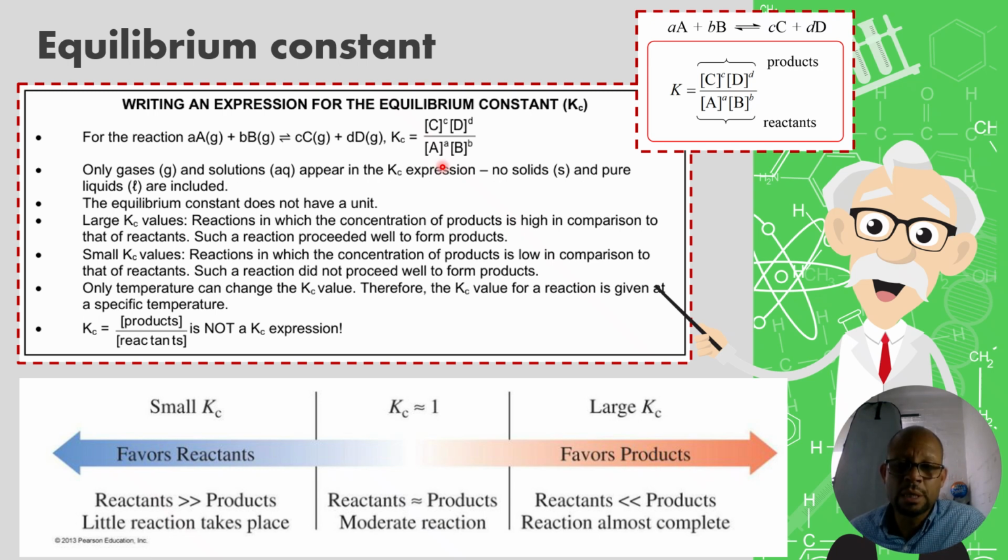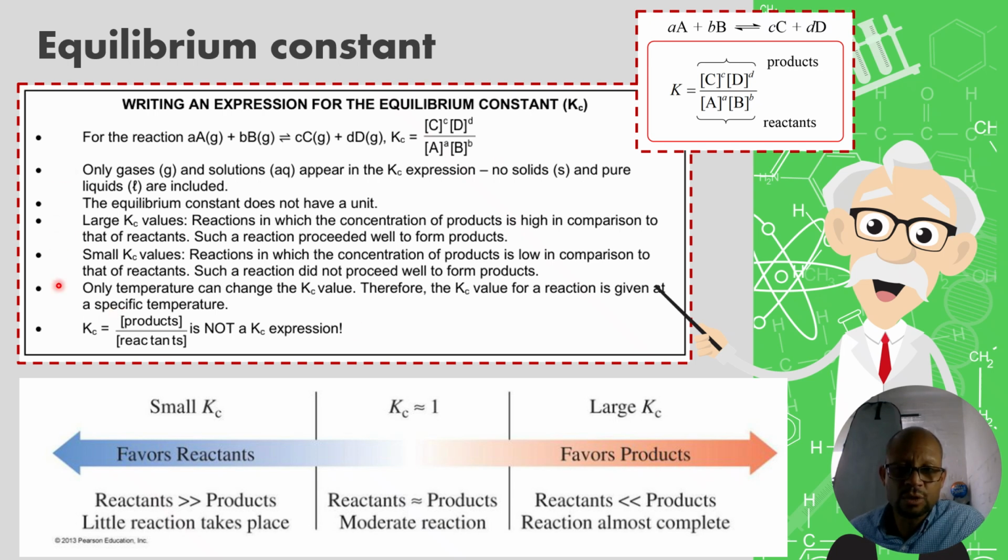So remember, an equation must always contain the reactants and the products of the equation that you're dealing with. Don't say Kc equals concentration of the products divided by concentration of the reactants. Use the actual products and the actual reactants when you write the Kc expression for a reaction.